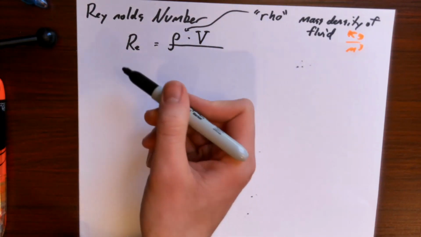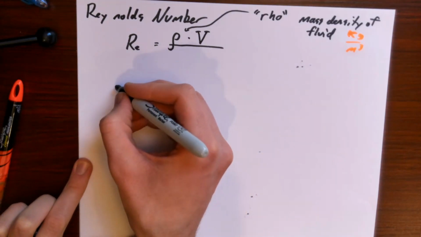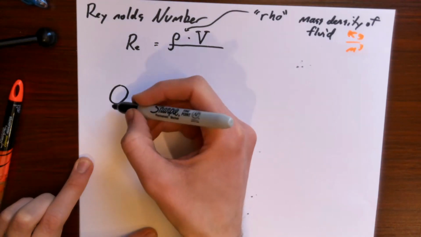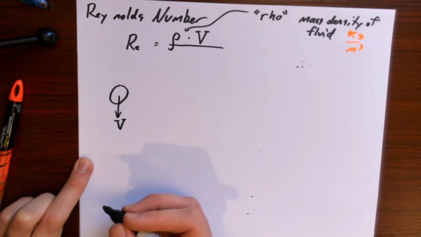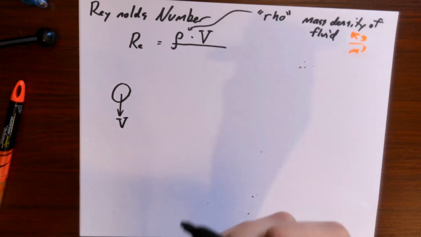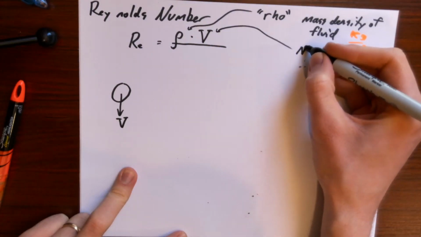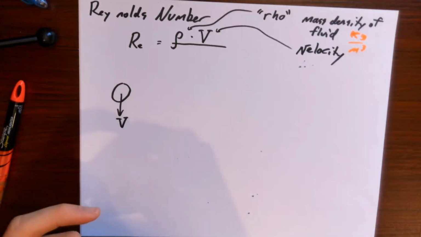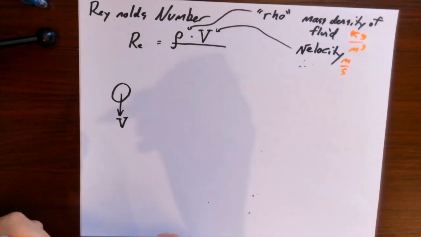So let's talk about a particular case where there might exist some Reynolds number for some system. Let's imagine we have a sphere that's traveling through some fluid with some velocity v. And of course, velocity would have units of meters per second.